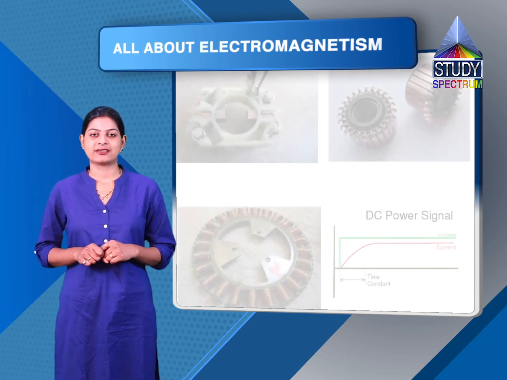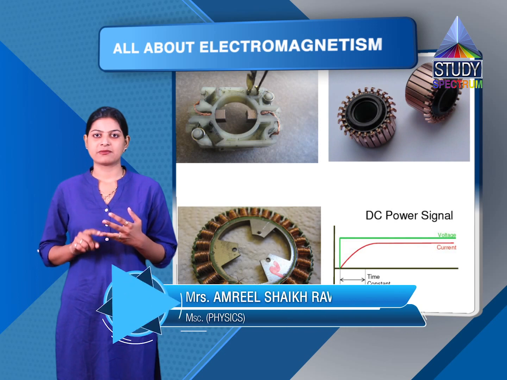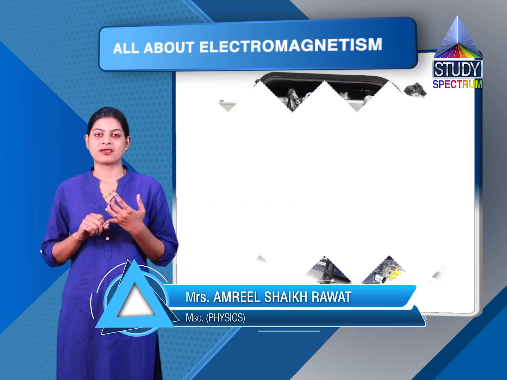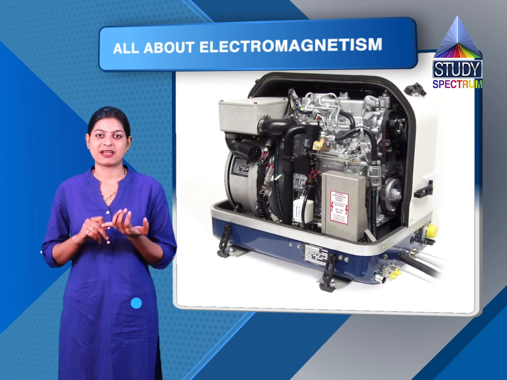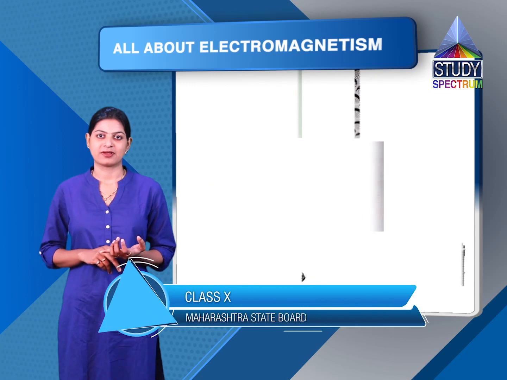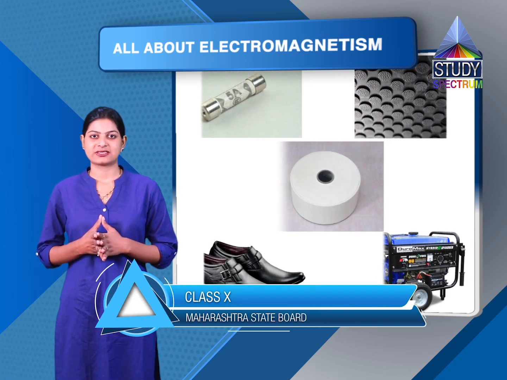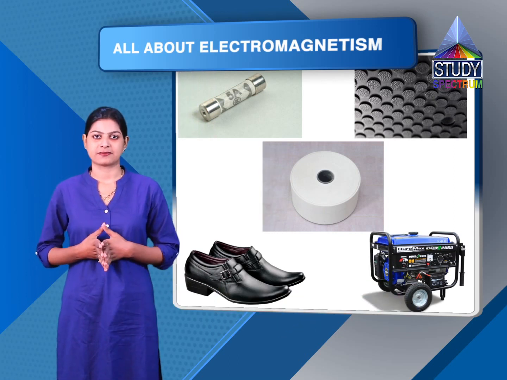The second question is armature coil, the brushes, commutator and direct current. These are all components of an electric generator, where direct current is not applicable. The third question is fuse, insulating material, rubber shoes and a generator.